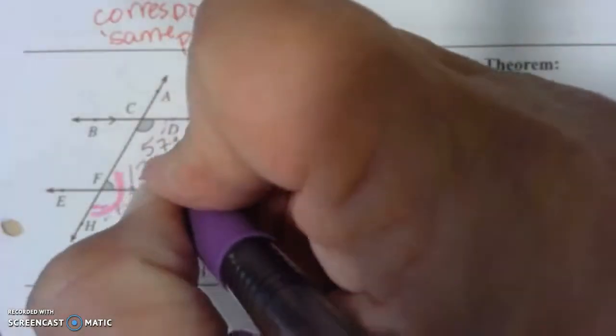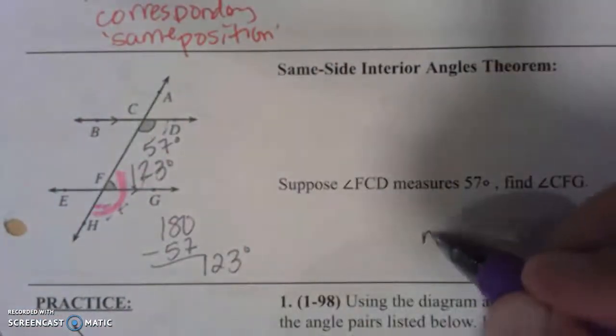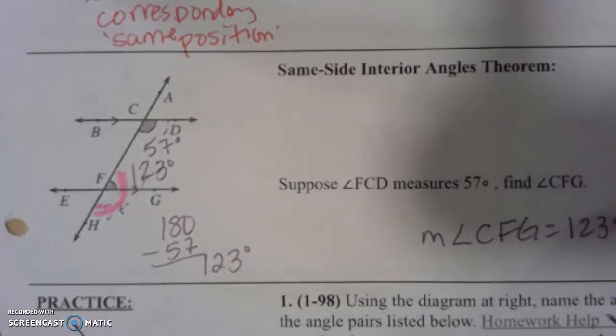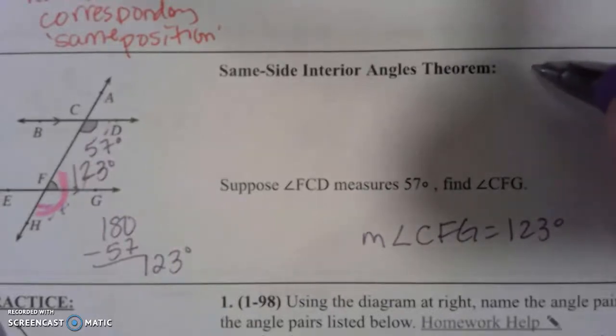So we can find out that the measure of angle CFG equals 123 degrees. And this is going to work out for every same side interior angle. Same side interior angles are supplementary.